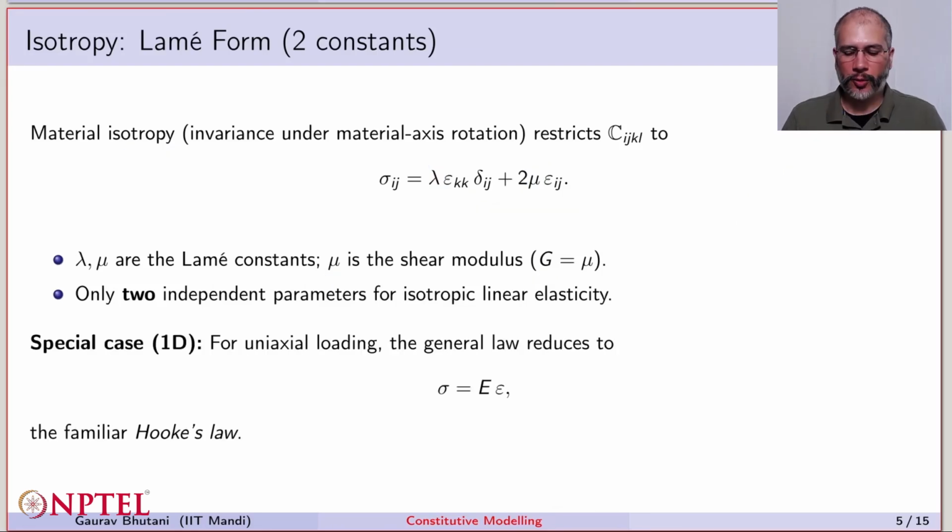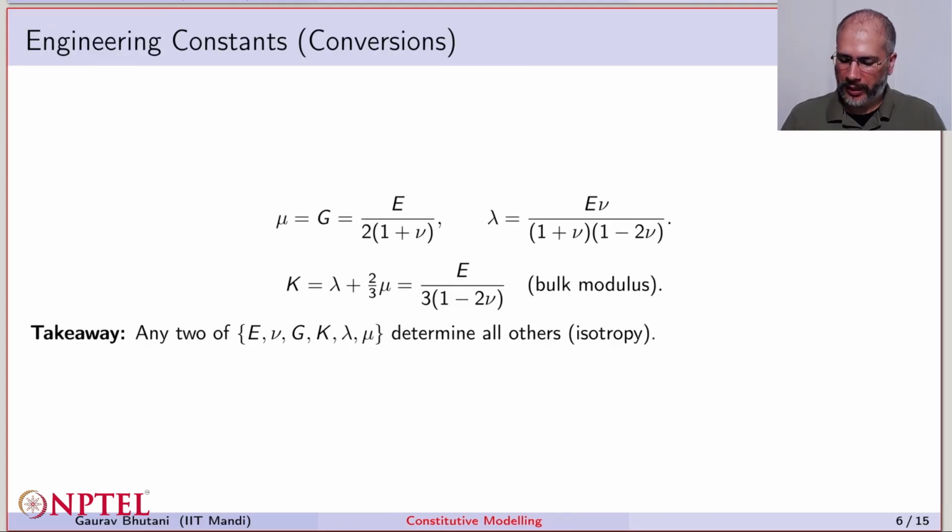And this isotropic linear elastic law between sigma and epsilon reduces to sigma equals E times epsilon for a uniaxial loading, which is our familiar Hooke's law. In linear elasticity, we have different measurable constants such as Young's modulus, Poisson ratio, the shear modulus, the bulk modulus, and we just saw these two Lamé constants, lambda and mu. Using any two of these, all others can be obtained using these relations.